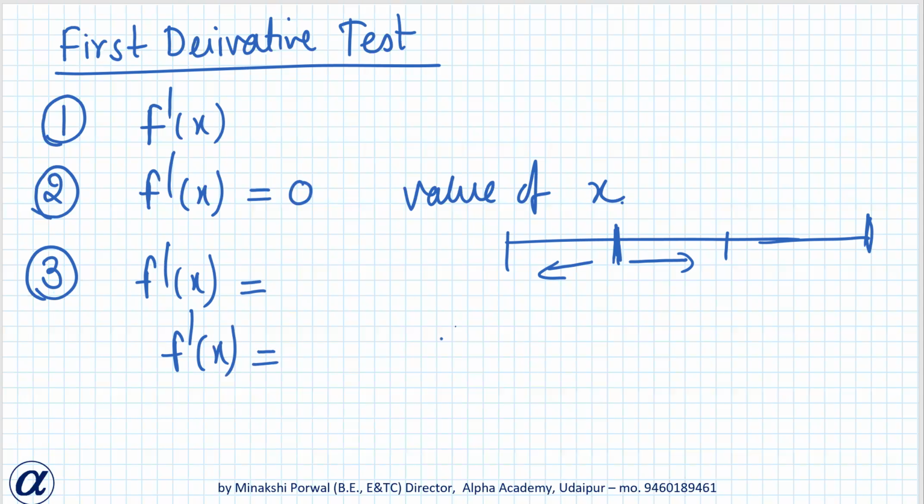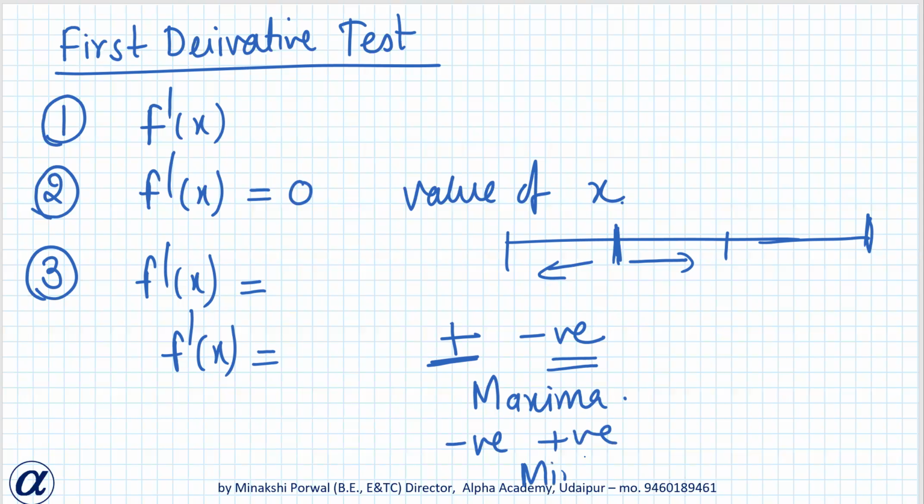If the sign of f dash x is changing from positive to negative, that means local maxima has occurred. If it is from negative to positive, that means local minima has occurred. And if f dash x does not change sign, then that is neither a point of local maxima nor a point of local minima.